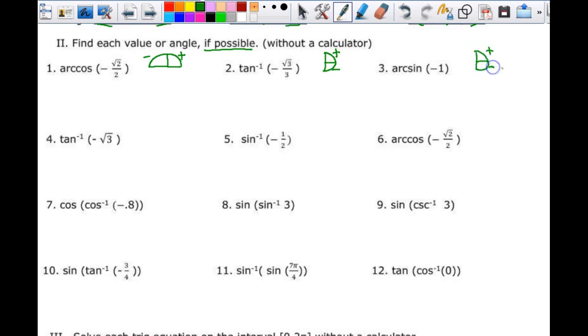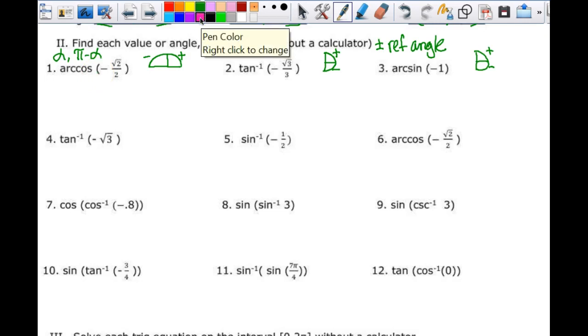Okay, positive and negative. So both of these are always just plus or minus the reference angle. Cosine is always going to be the reference angle and pi minus the reference angle. Okay. And not always 2 answers. That's not what I mean by that. I just mean that that's how you decide if it's positive or negative.